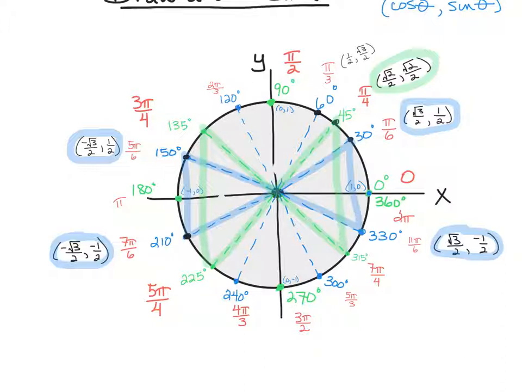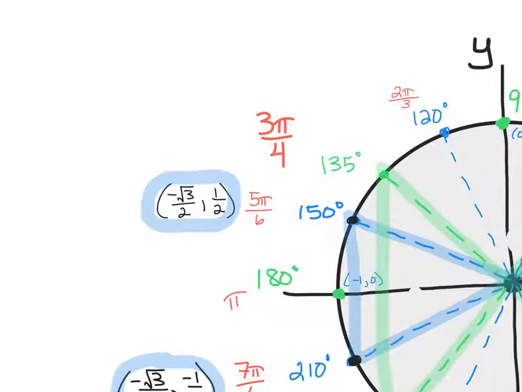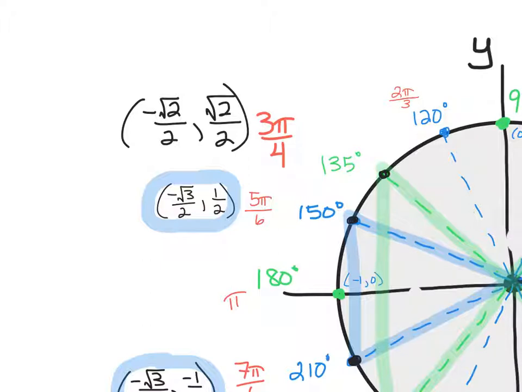This one's easy because both sine and cosine of 45 is radical 2 over 2. And so all you need to do is think about the signs. So in quadrant 2, this is going to be negative radical 2 over 2 and positive radical 2 over 2. That's the coordinates for this 135.